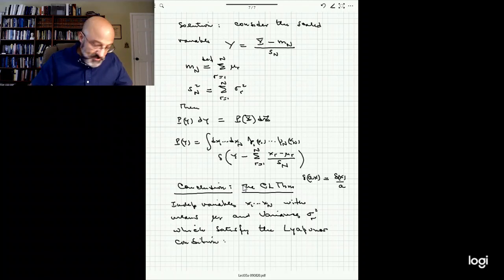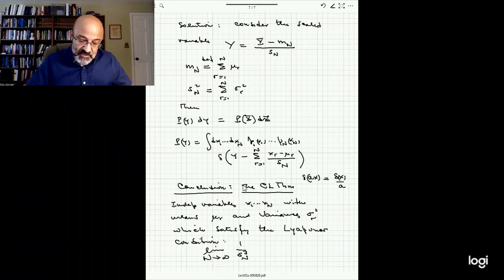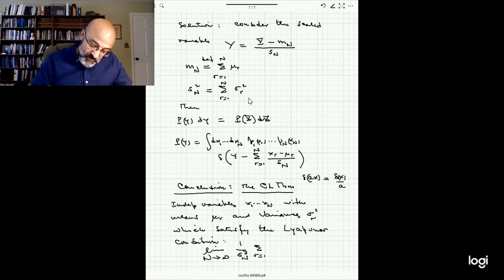What the Lyapunov condition says is the following: the limit as n goes to infinity of 1 over Sn cubed, where let's remind ourselves that Sn squared is the sum of the variances, times the sum over r from 1 to n of the expected value of the absolute value of xr minus mu r cubed.